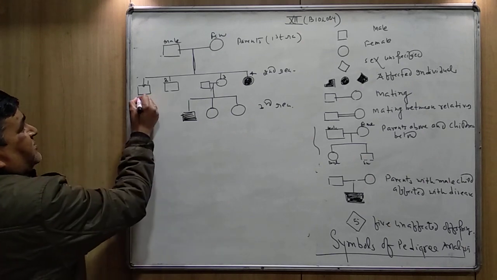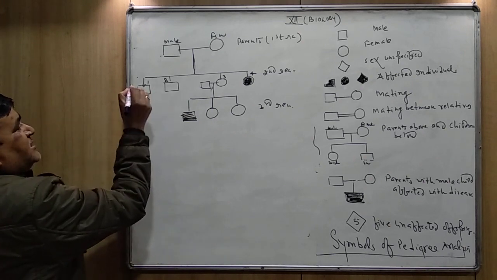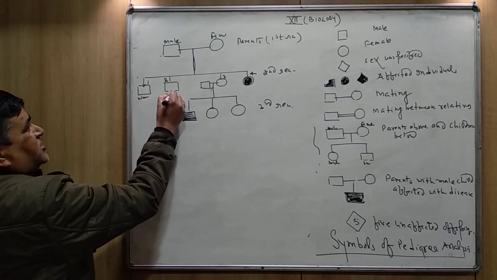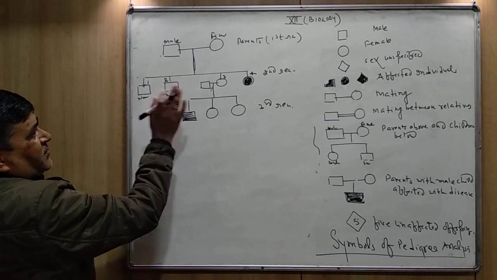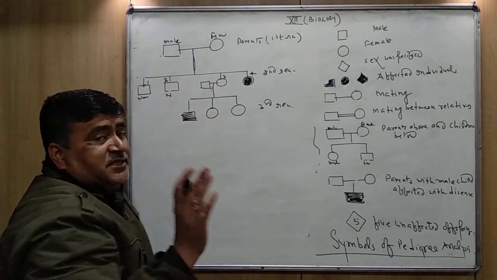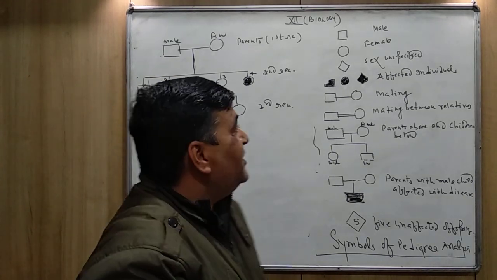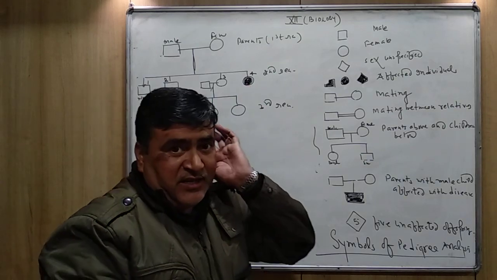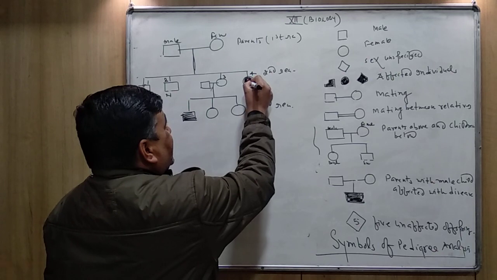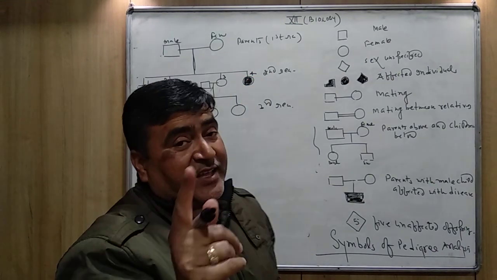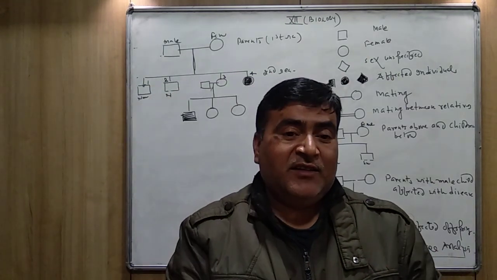The first is what? Normal son. This is also normal son, no problem. One daughter, she is also normal, but one daughter, I have darkened this circle. It means the daughter is affected.